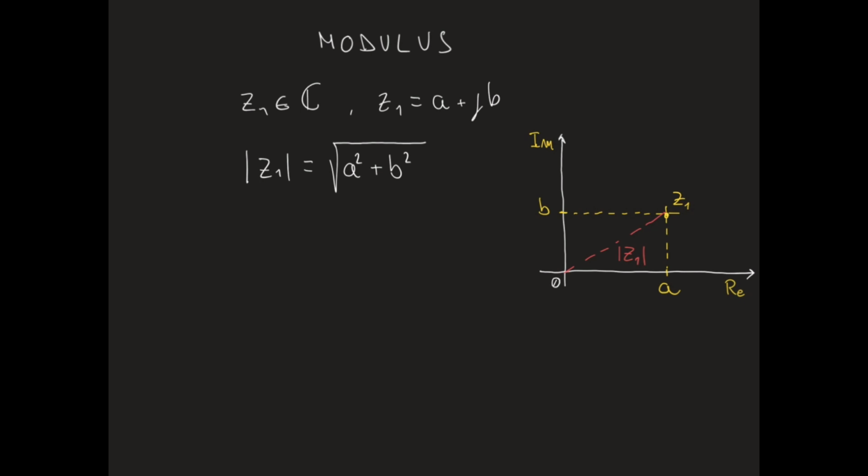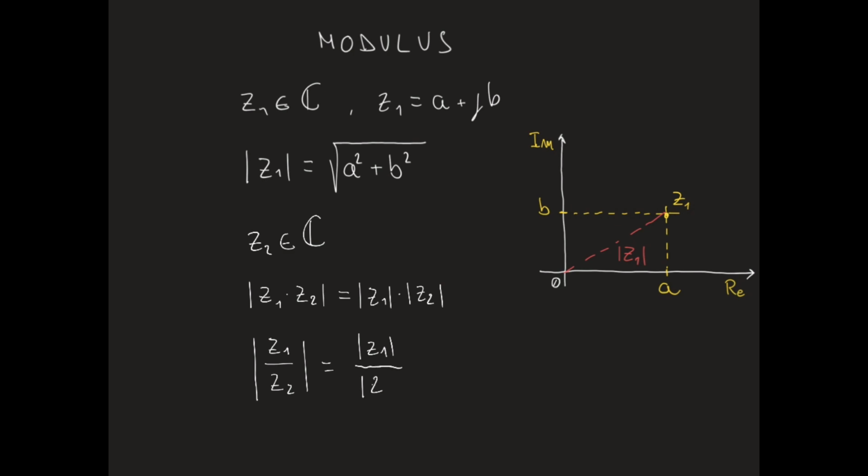Note that if z2 is also a complex number, then the modulus of z1 times z2 is equal to the modulus of z1 times the modulus of z2, and the modulus of z1 divided by z2 is equal to the modulus of z1 divided by the modulus of z2.